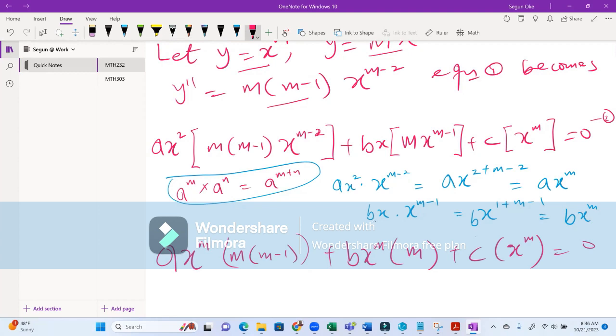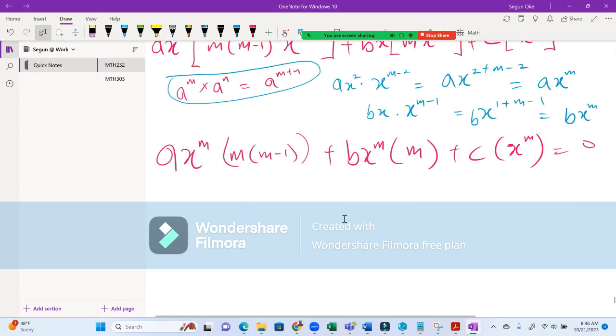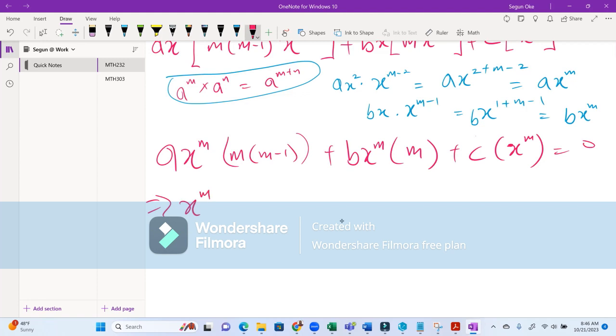Now, in this case, it's pretty simple for us to do. Something is common to the 3 terms. You discover that x raised to power m is common. Do you agree? I can factorize it out by saying x raised to power m is out, it's common.